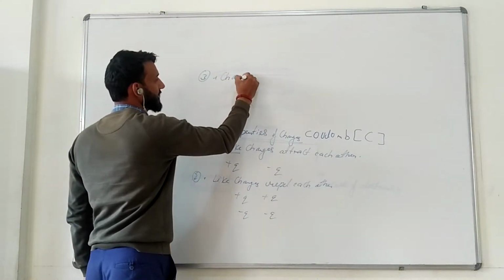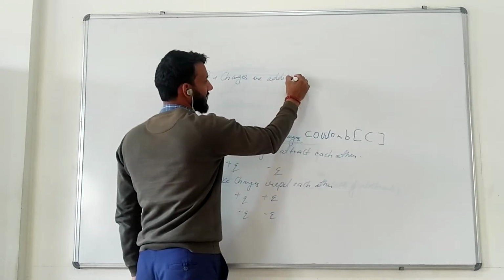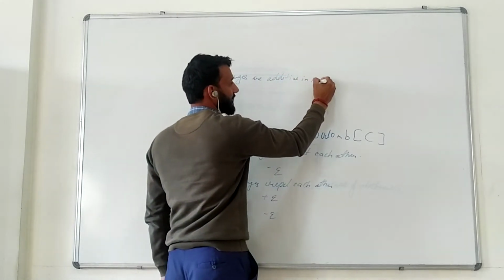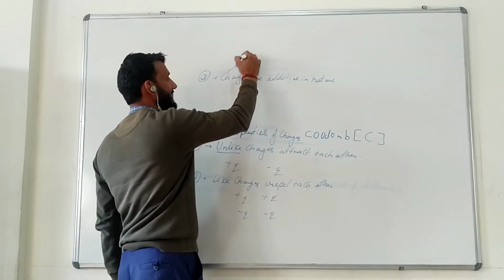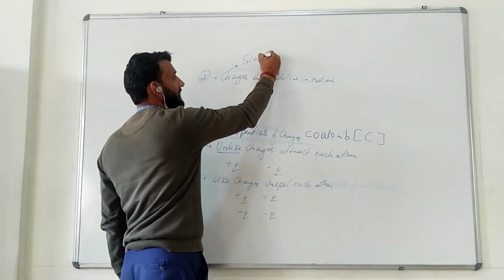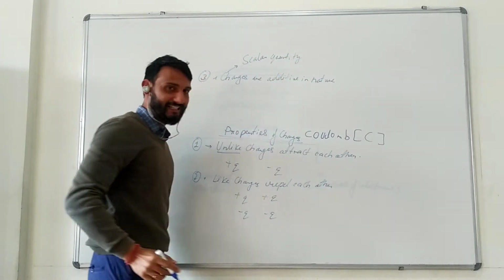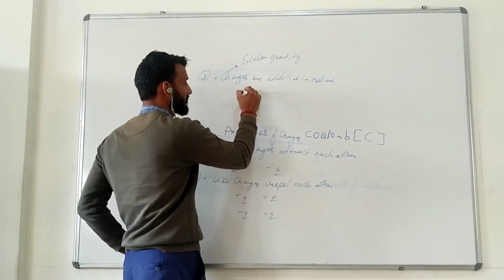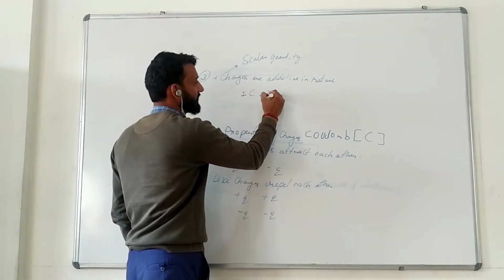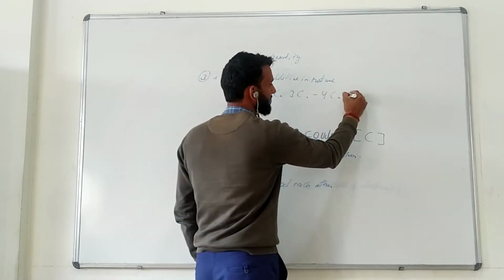The third property of charge is that charges are additive in nature. Charge is a scalar quantity, so charges can be added using simple algebraic laws. Suppose you have 1 coulomb charge, then 2 coulomb, then 3 coulomb, then minus 4 coulomb, and then 5 coulomb.